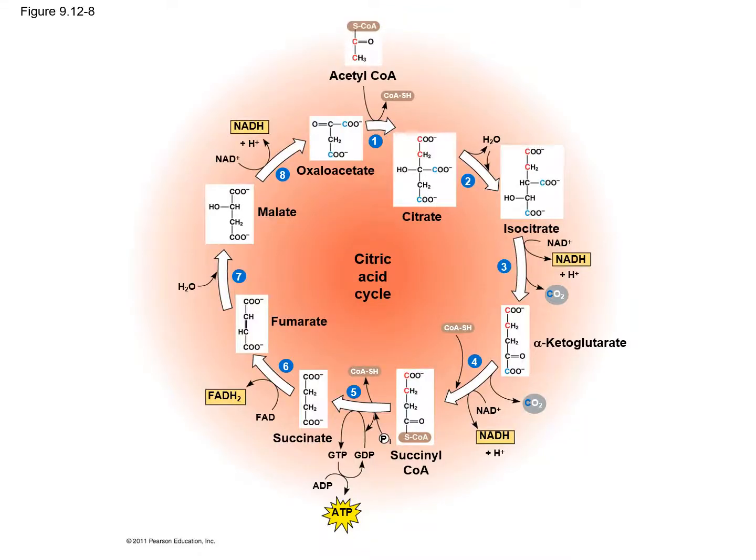If we want to look at that in more detail and see exactly where those carbons are going, this one is a good diagram for following that. So here we started with these red carbons that had originally come in from glucose. Remember, one of the red carbons from the original glucose has already left as CO2. That process happened just to turn this into acetyl-CoA.